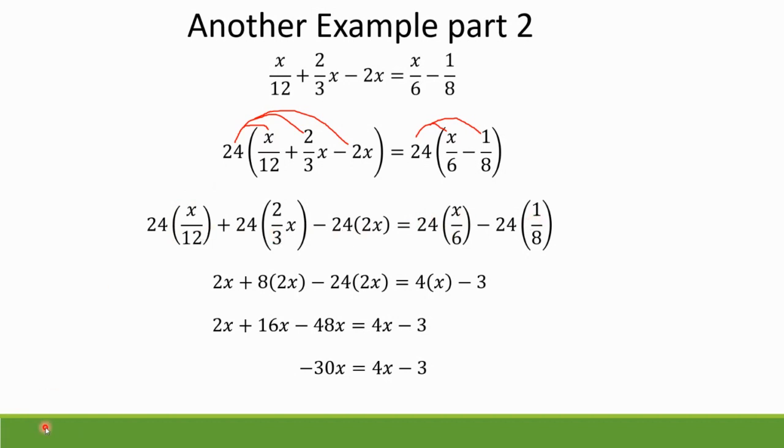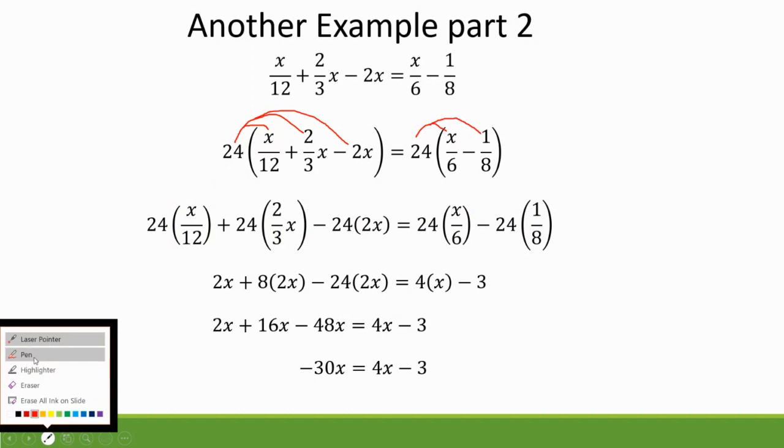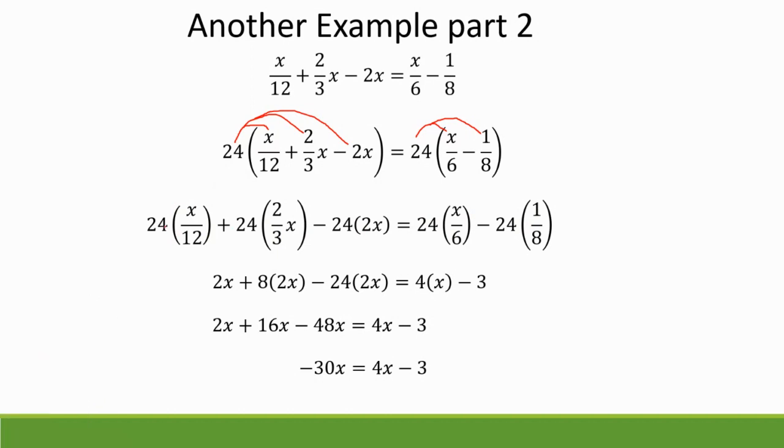And of course, there will be some cancellation, right? We have 24 times x over 12. The 12 goes away, 24 becomes 2. Here, 3 is gone, 24 becomes 8.